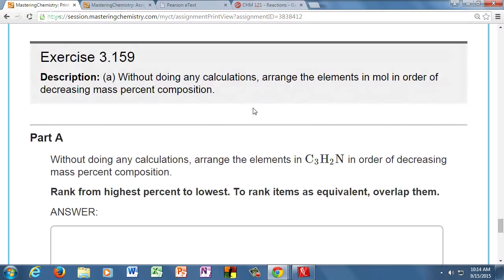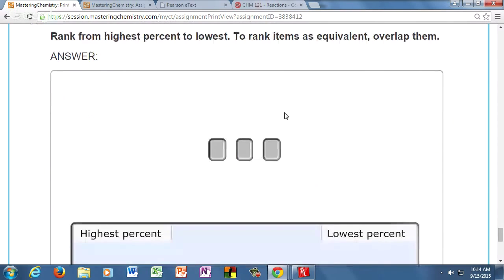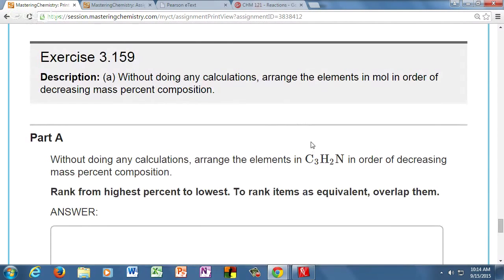And then finally, what's the order of decreasing mass percent composition for C3H2N without doing the calculations? Now, of course, if you couldn't figure out how to do this, you could just do the calculations and you get it that way. But how would you figure this out without actually calculating mass percent for C, H, and N?